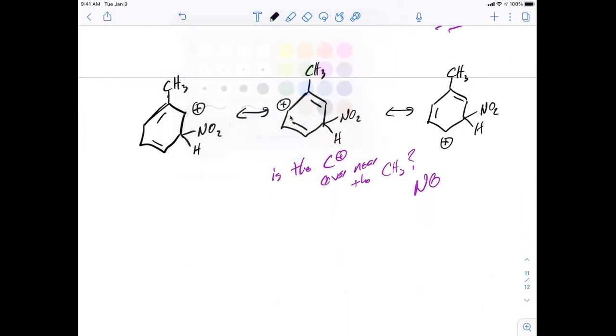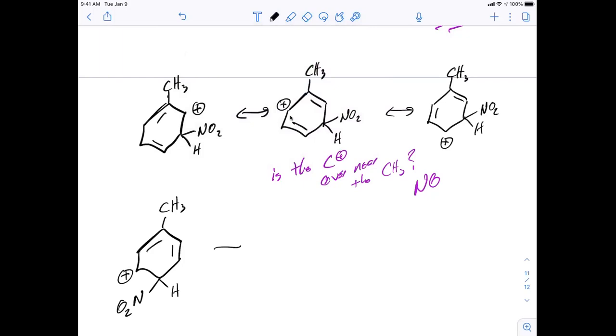If we then look at the para, so now we're going to say, what if we had added the nitro to the para? We get the positive, and we have the resonance contributors. And that's pretty ugly, so let's draw that over again. So we get that carbocation.